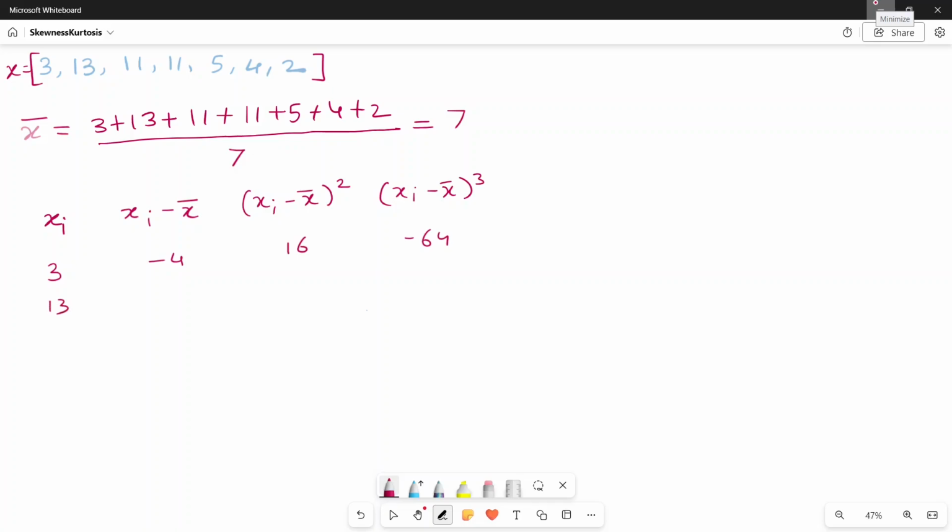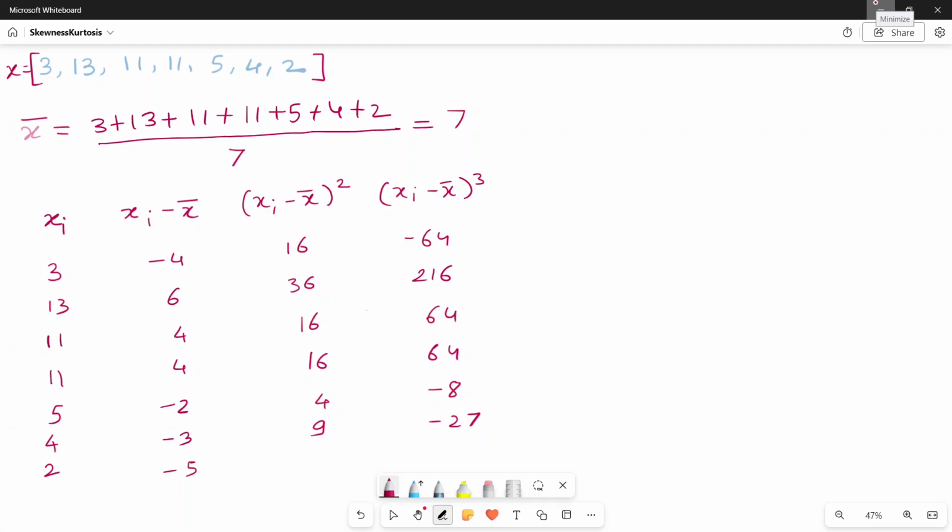And simply fill the table accordingly. Okay. So we have calculated all the values.